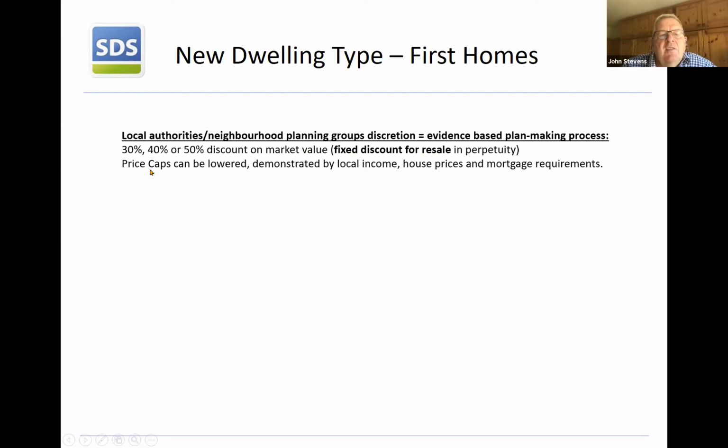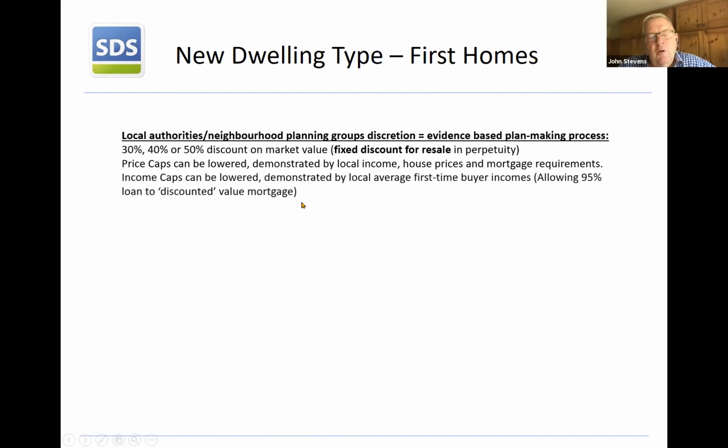Local authorities or local planning authorities can lower price caps. So we saw earlier there were price caps, how high you could go. This has to be demonstrated again by local evidence. Likewise, the local planning authority can change the income caps, so they can be lowered as demonstrated by local evidence.